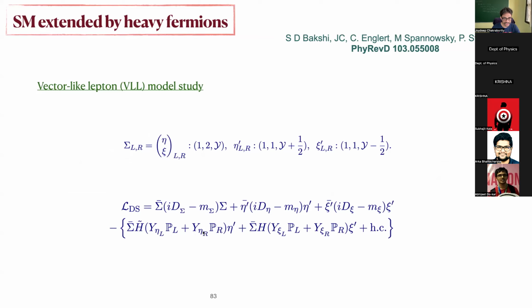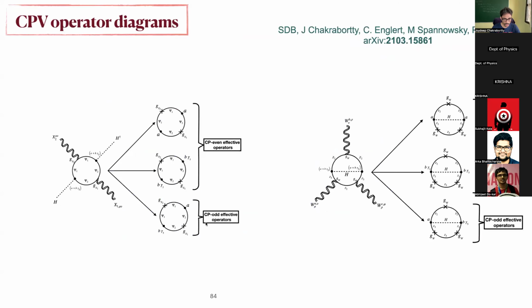Because your y eta L is not equal to y eta R. So what you do, you write down PL as 1 minus gamma phi by 2, PR as 1 plus gamma phi by 2, and then you'll find out your A is basically y eta L plus y eta R by 2, B is y eta L minus y eta R by 2. That's all. Right? And so you have couplings where A is not equal to B. That's why it is A plus B gamma phi. And similarly, there's another vertex, A plus B gamma phi.